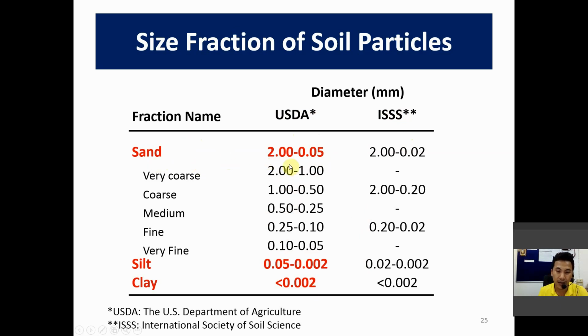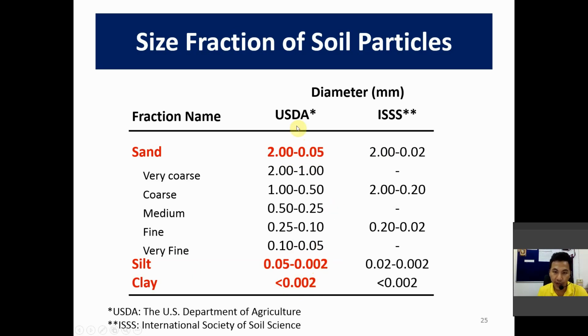where sand particle size is in the range of 0.05 to 2 millimeter, silt is in the range from 0.002 to 0.05, and clay particle is supposed to be less than 2 micron, basically.